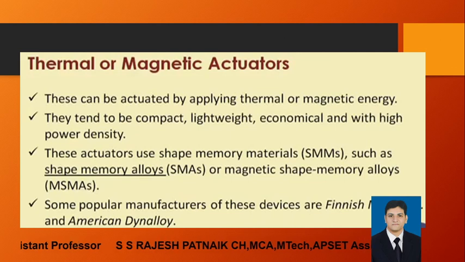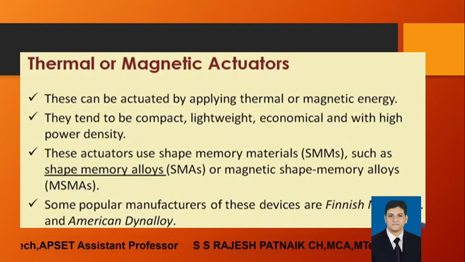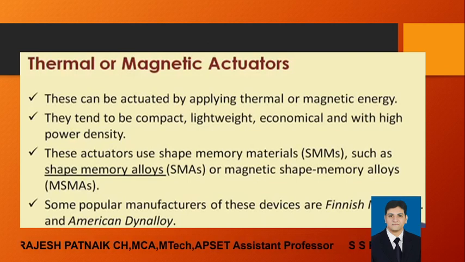Next point I am explaining: these actuators use shape memory materials, SMM. A particular shape is converted into another particular shape, such as shape memory alloys, SMAs, or magnetic shape memory alloys, MSMAs.